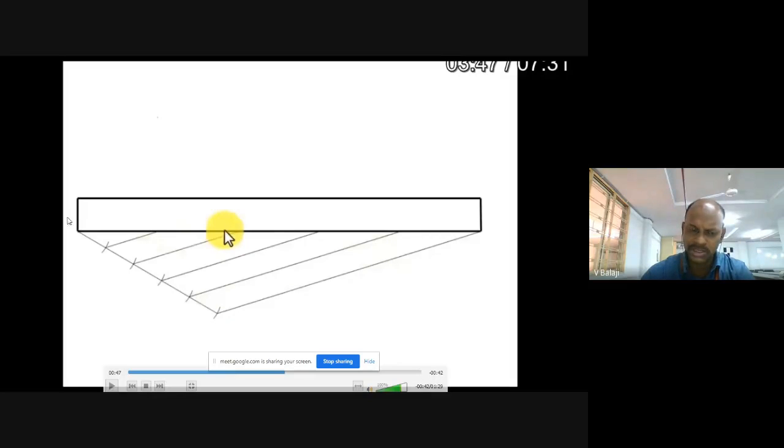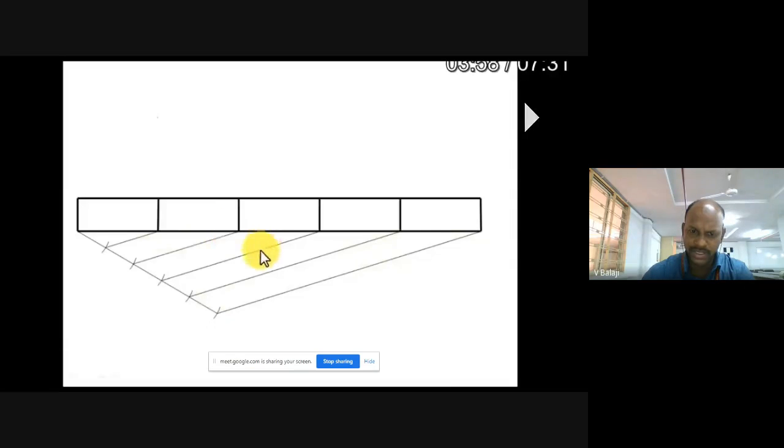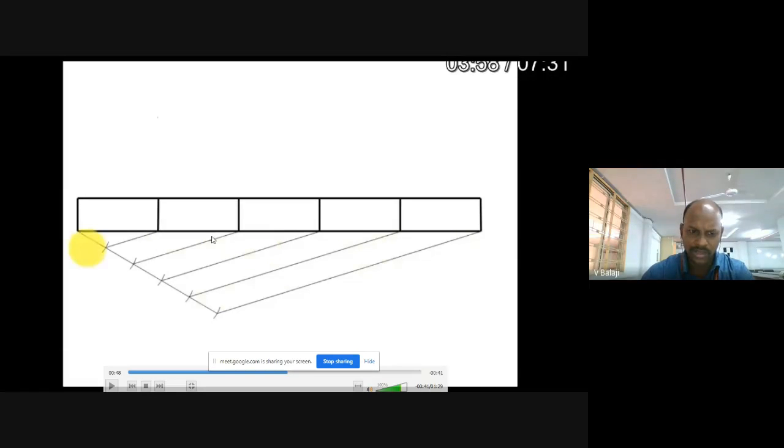There is no importance. You can take any 2 centimeter or 3 centimeter height. Now, the next step is to draw perpendiculars from the 5 equal parts we have already divided, right? Like this. Now we have done partial construction of the engineering scale, plane scale.